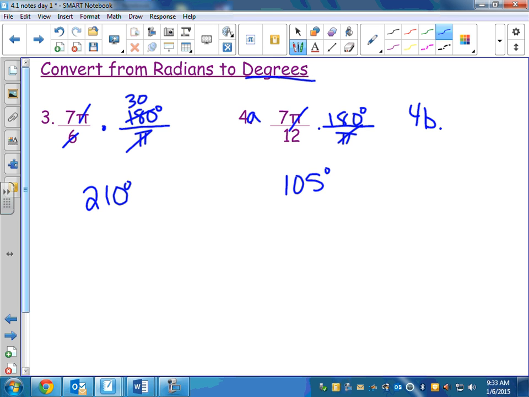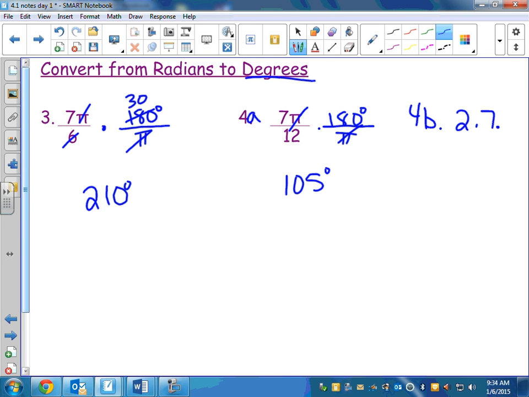What if I said 2.7? That always throws people for a loop because they say, one, is that radians or degrees? Because there's no degree sign. It's okay to have a decimal for either radians or degrees, but 2.7 means they've just multiplied the pi in there and they've rounded it. I'm still going to do the same thing.